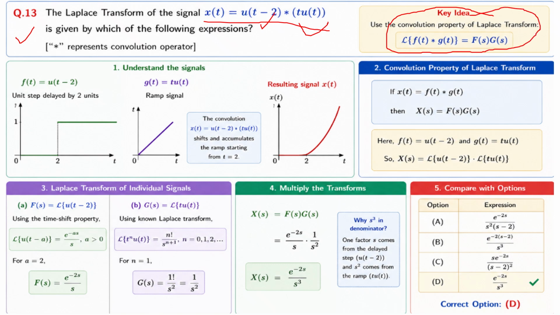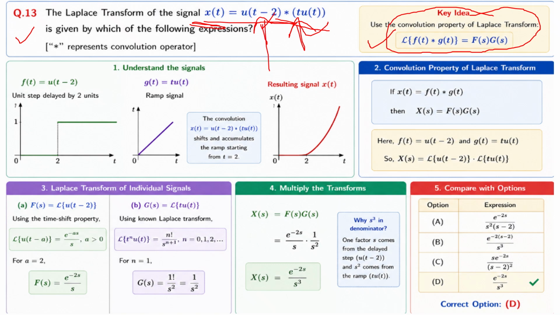See part 1 and part 2: in the time domain this is a convolution, but in the frequency domain it will simply be a multiplication. So it will be easy to find X(s) using the convolution property.